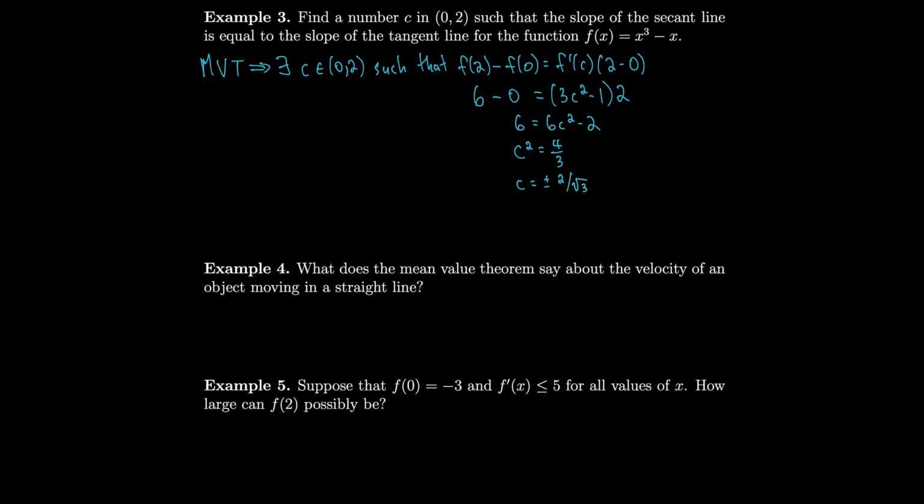However, if we look at minus 2 over rad 3, we know that that's not in 0, 2, so we can reject that. We can see that c has to be positive. So c must be equal to 2 over rad 3 in order to be in the interval 0 to 2.